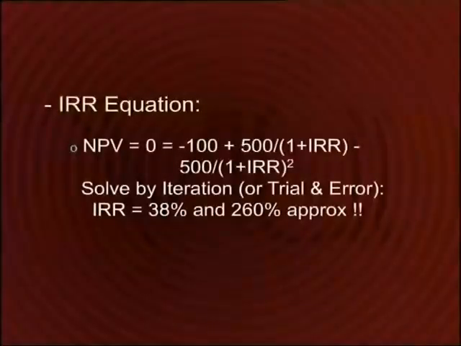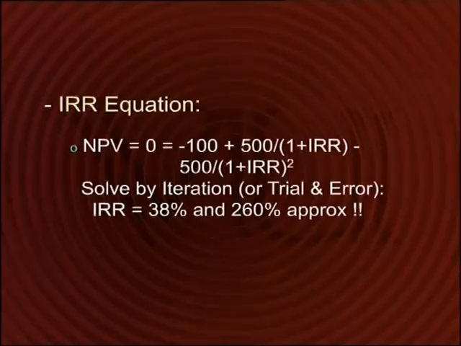If we solve the IRR equation for this particular cash flow diagram, then that equation is NPV equal to 0, which is equal to minus 100 plus 500 divided by 1 plus I, minus 500 divided by 1 plus I squared. And I over here again refers to the IRR.